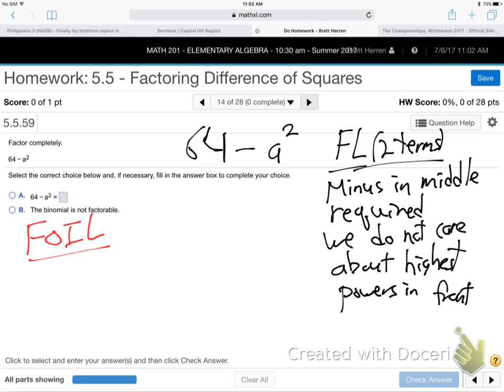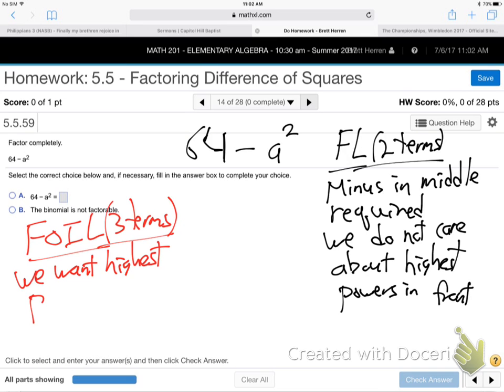Whereas for FOIL, for FOIL that have three terms, those are the ones that have three terms, we want highest powers in the front, right? So everybody see that difference. You got to get that key difference down. There's a big difference in the order we care about for three-termers versus two-termers.